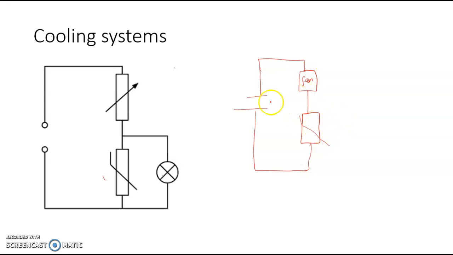So that's your thermistor, that's your fan, that's the current flow. Now, if the temperature is high, then the resistance would be low. That means the amount of energy needed to push the electron through this thermistor is low. So if my resistance is low, potential difference is low.